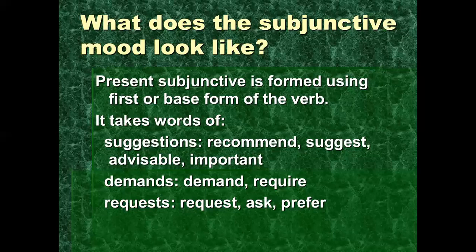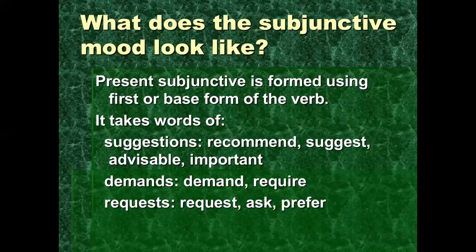The words of suggestions include words like recommend, suggest, advisable, important. The words of demands include words like demand, require. The words of requests include words like request, ask, prefer.